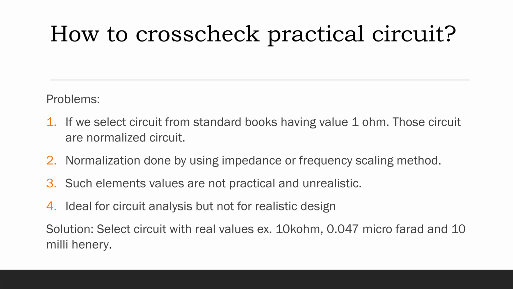In my next video, I will give you an introduction to these methods. Normalized circuits are good for ideal circuit analysis, but those element values are unrealistic and not practical. So, to start practically cross-checking Thevenin theorem, select a circuit with real values.